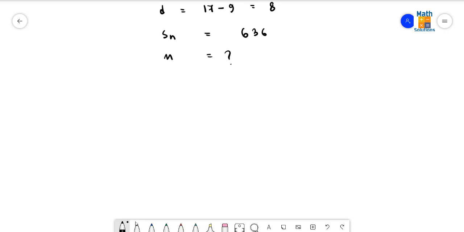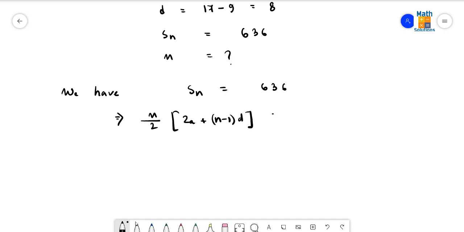So we have Sn is equal to 636. We can use the formula n by 2 within brackets 2a plus (n minus 1)d, that is equal to 636. The value of n we don't know yet.